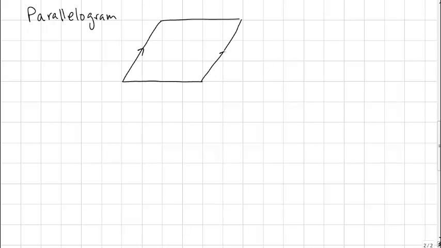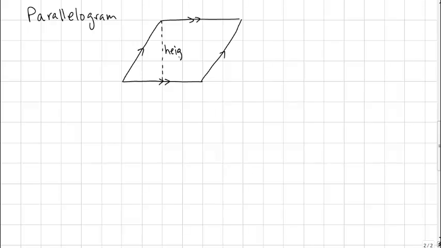So single arrow for this pair and a double arrow for the pair on the top and the bottom. So that's a parallelogram. We need to know the height of this, and the height again has to be perpendicular to the bases. So we could make the left and right sides the base, or we could make the top and bottom the base, in which case this is our height.